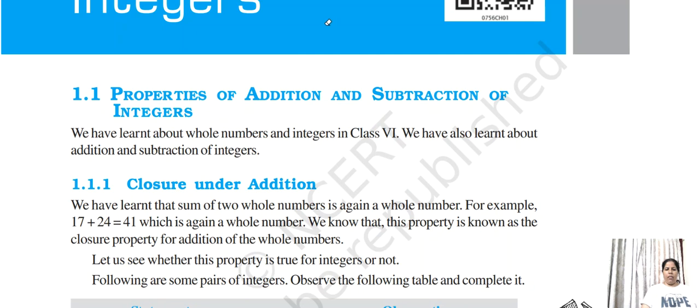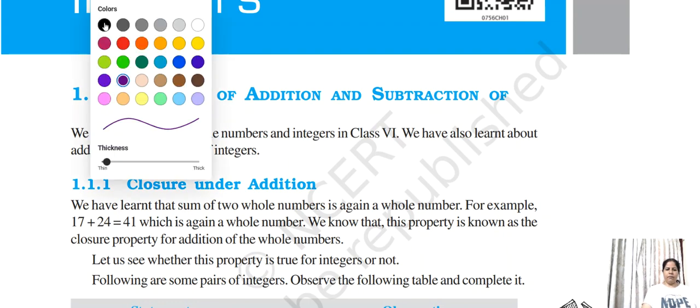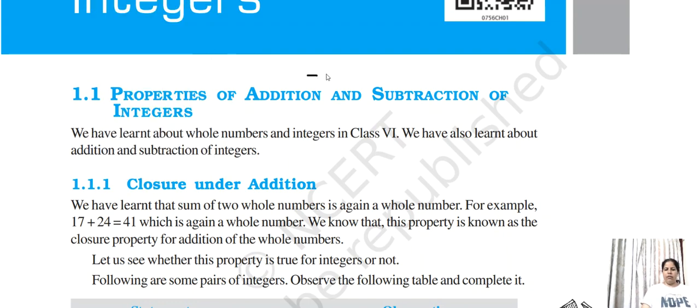So I think already you have just read in class 6 about integers. These are actually the numbers like -2, -3, -4, 0 also, 1, 2, 3, 4, and many more.